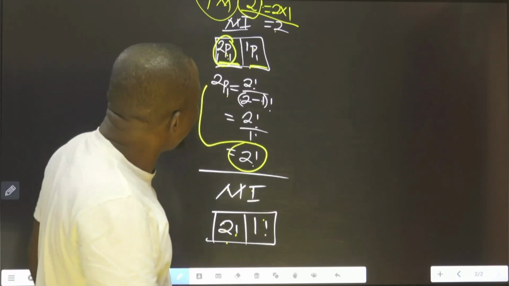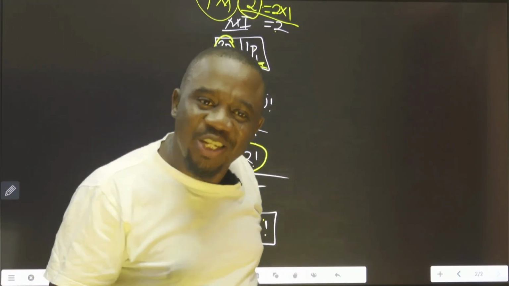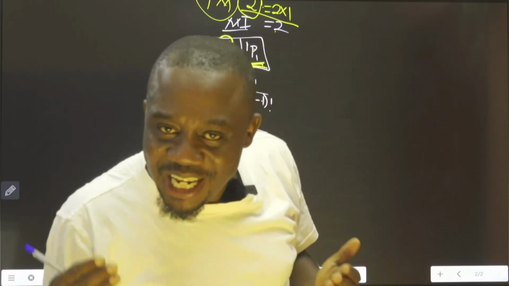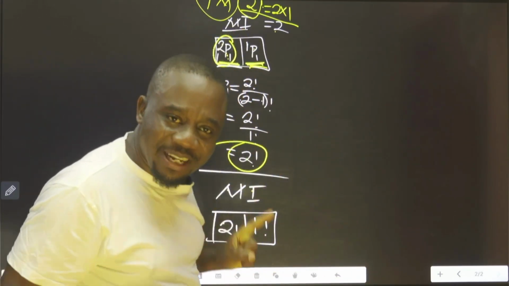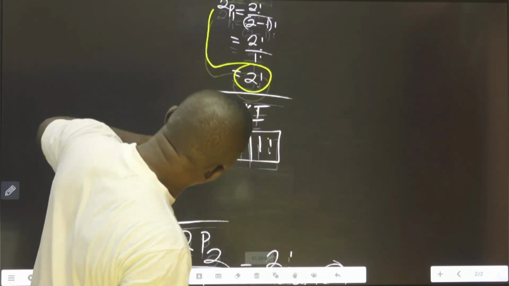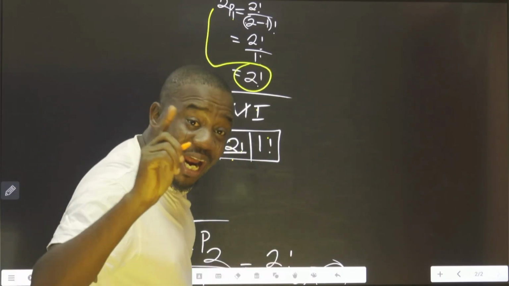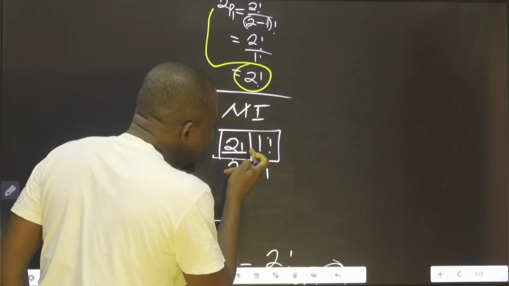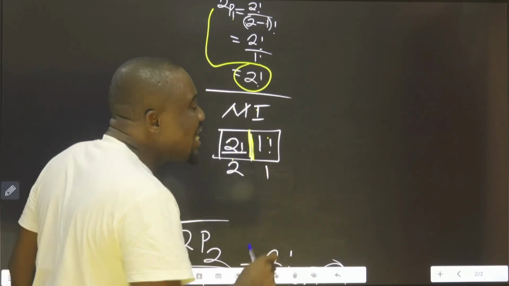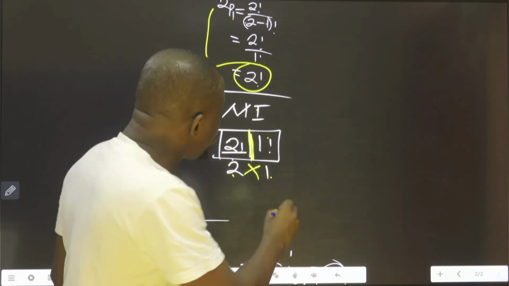For this second point, no need to waste my time. 1 permutation 1 is equal to 1, which is equivalent to 1 factorial. So therefore, the final answer you get, remember 2 factorial is 2. So 2 is here, 1 is here. This line you are seeing here means times. That is 2 multiplied by 1, which is equal to 2.